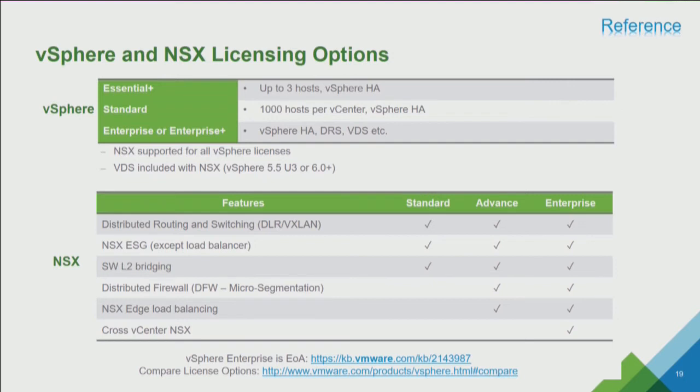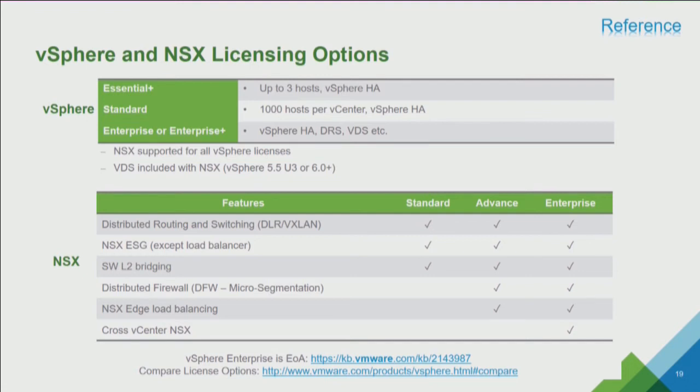With vSphere, we have a number of different options, and I'm just showing you an important one here: Essential Plus, Standard, and Enterprise Plus. NSX is supported on any vSphere licensing scheme. That's important. Number 2: one of the requirements when deploying NSX is to have VDS, because NSX is only supported on the vSphere VDS switch, no other switch but VDS.